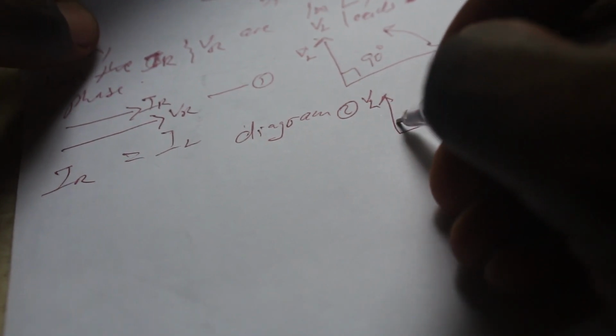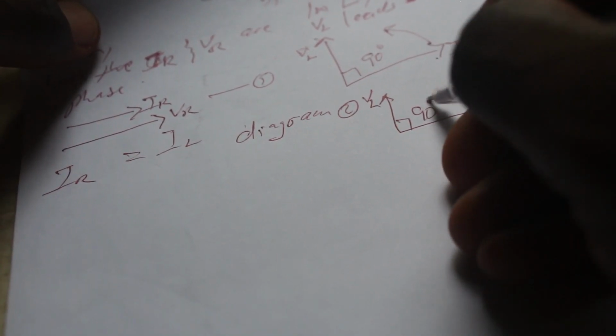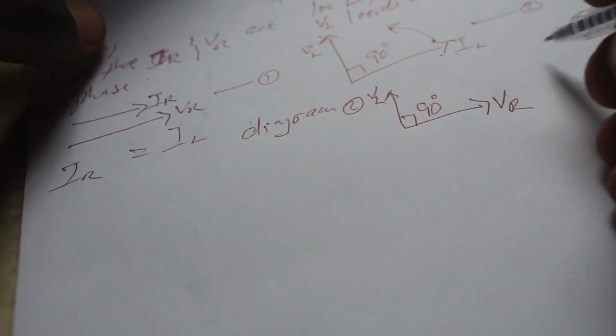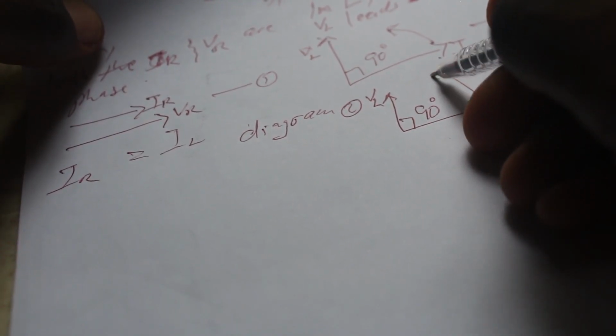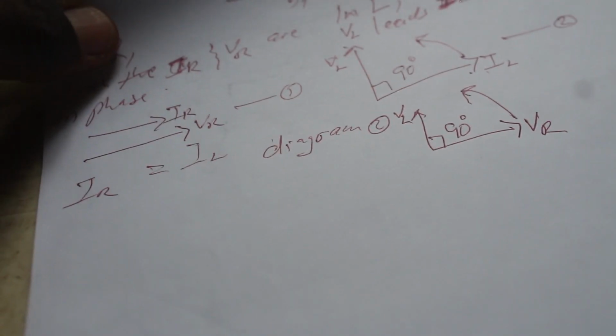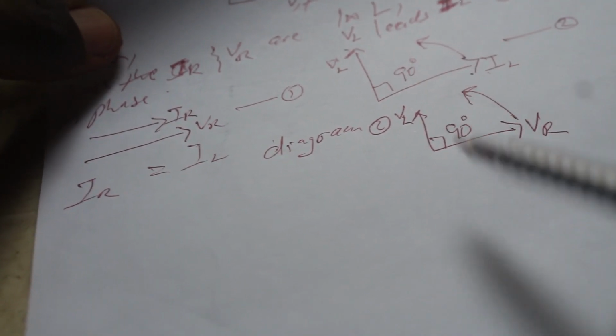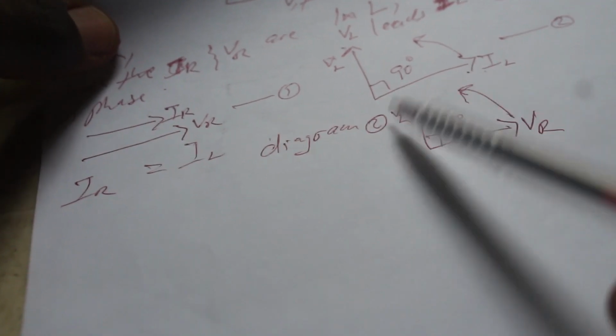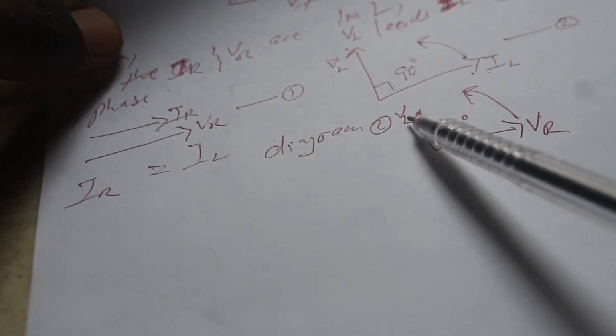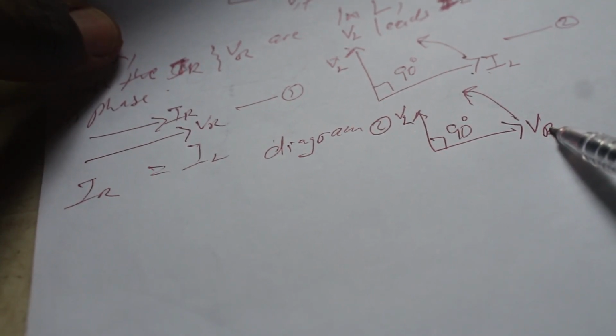An experiment shows that both of them are out of phase by 90 degrees. So we have the relationship between the voltage across the inductor and that across the resistor.